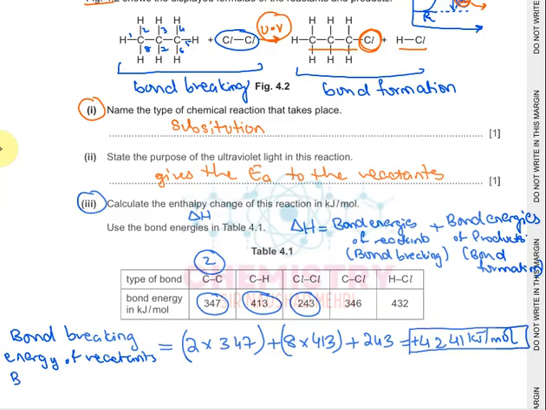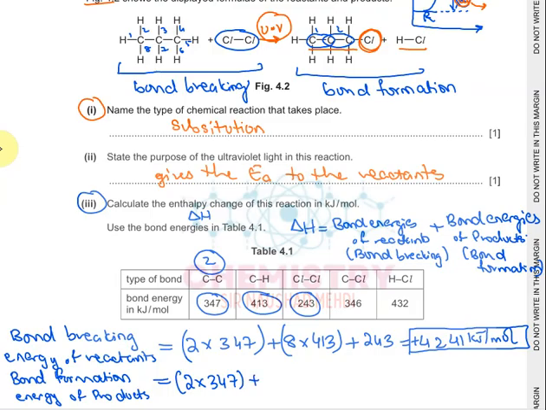Now similarly, look at the bond formation energy of the product. On the product side, if you count the bonds again, you have the carbon-carbon bond. How many times? 2 times the carbon-carbon bond is present. So again 2 multiplied by 347 plus.